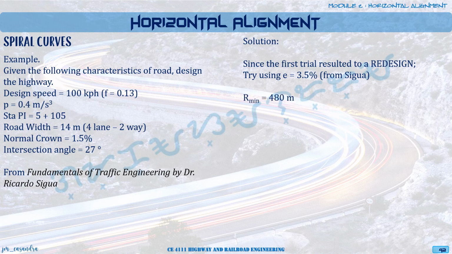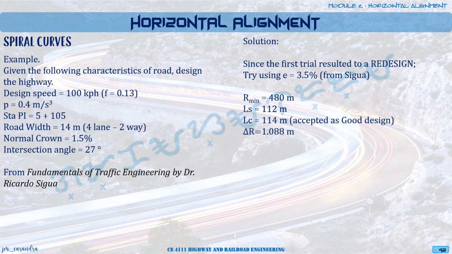The R minimum was computed at 480 meters. LS is at 112 meters. LC is equal to 114 meters, which was accepted as a good design since 114 and 112 are almost equal to each other.